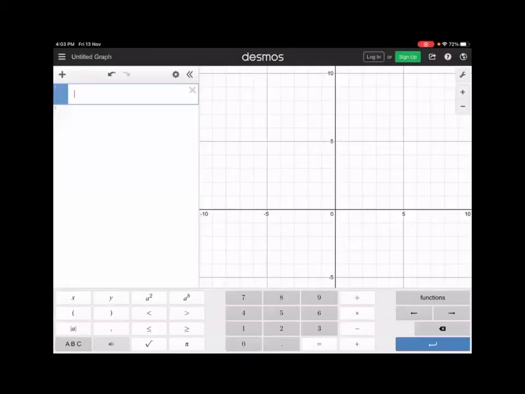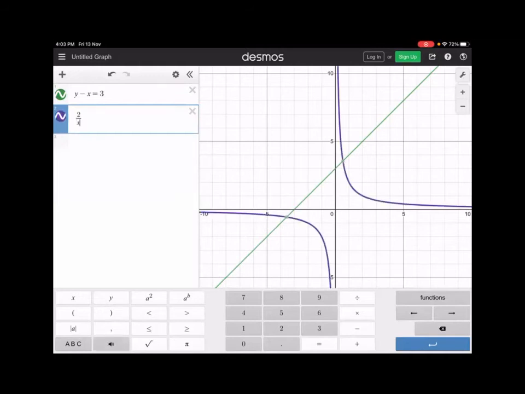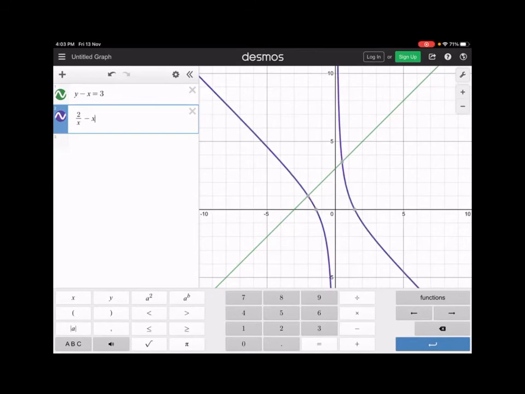Okay, let us look at how the equations will be shown on the graph. So it was y minus x is equals to 3 and it was 2 upon x minus x upon y equals to 1.